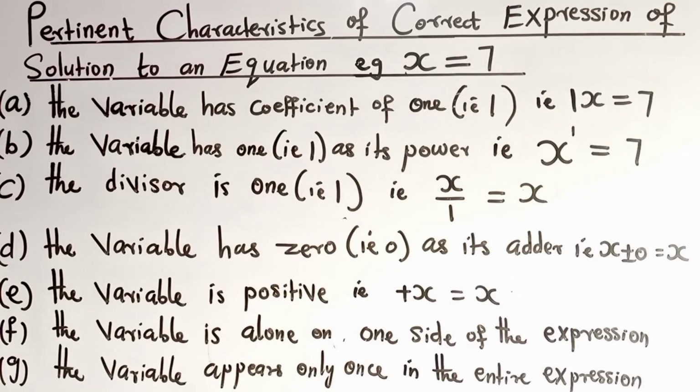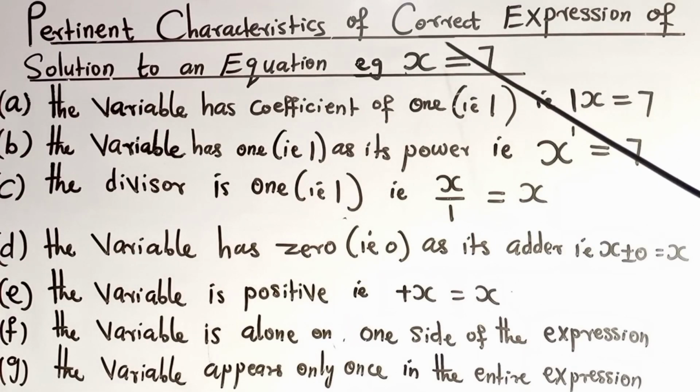Let's go on. And that's number 4. It says the variable has 0 as its adder. And adder here is that which is added. It is either what you owe or what you have. What it means is that this 0 has become the adder to the x. If we add 0 to this x here, it remains the same x.